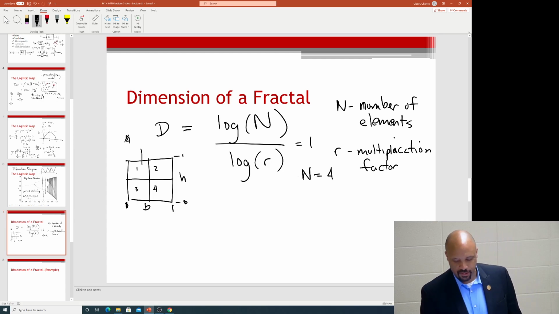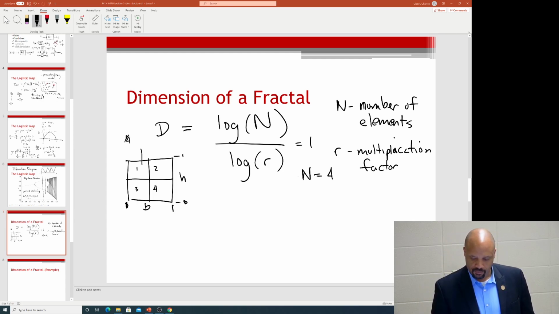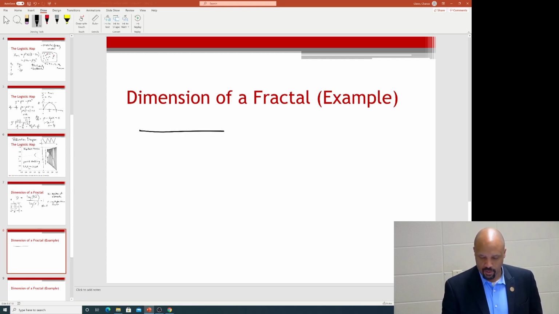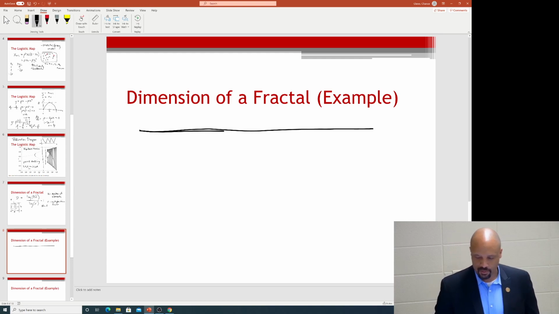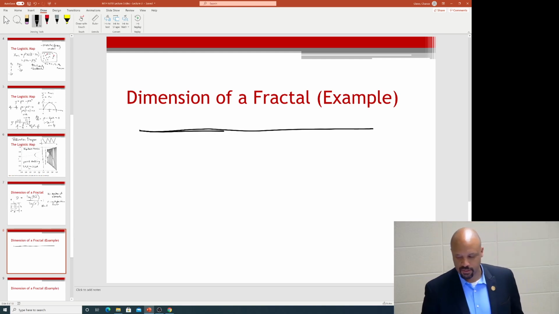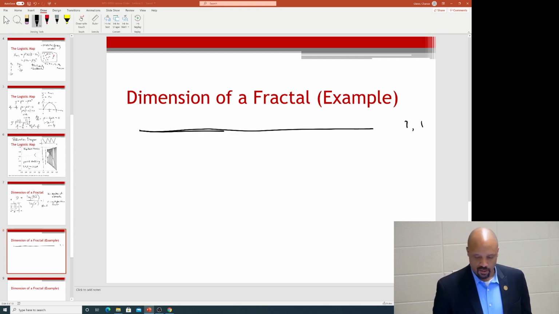Now let's look at an example. Let me clear this out. I've got a meeting coming up. Let's first look at what we call the Cantor set. This is the first iteration and its length is 1.